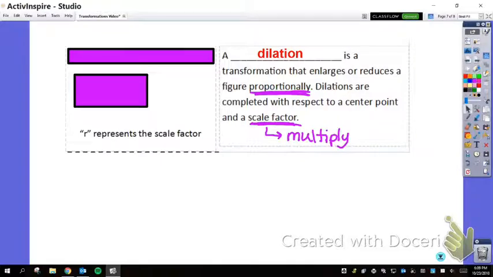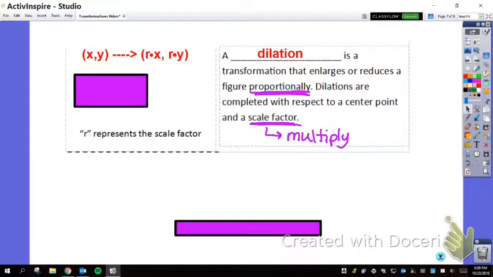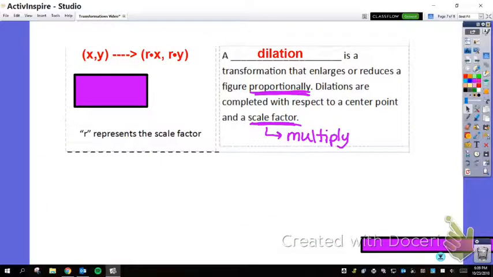So when we dilate, we take our scale factor and we multiply it times the original point. They tell us that R represents the scale factor. So we started with our point x, y, and then we went to our new point R times x, comma R times y.